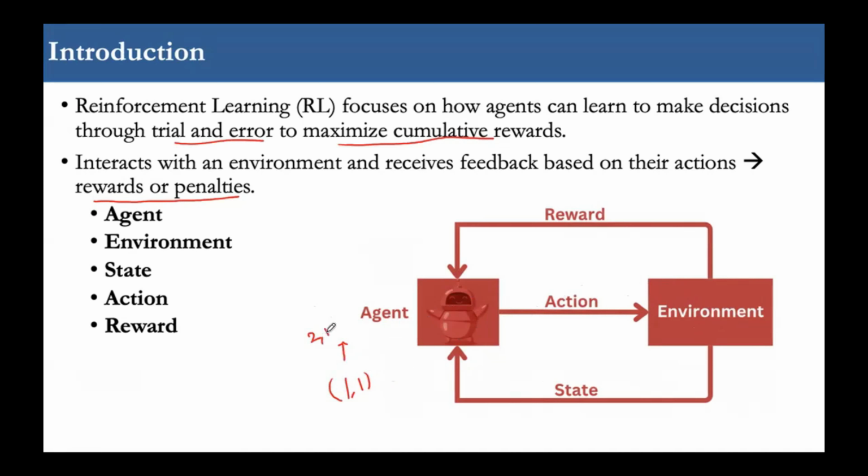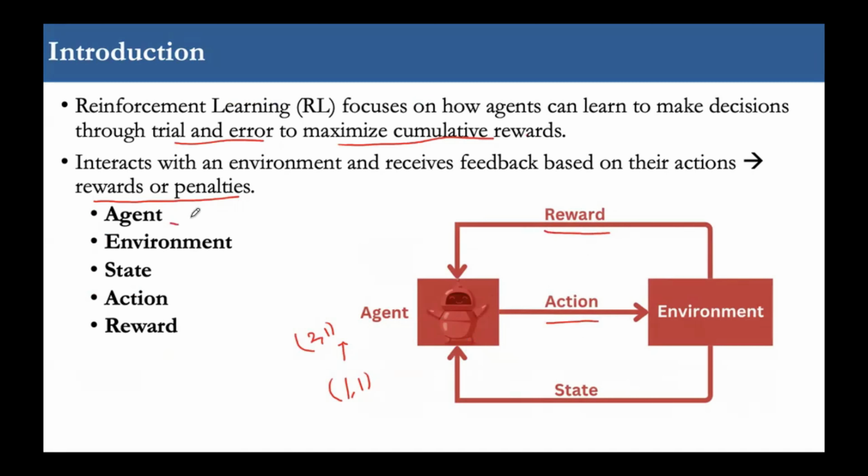So it is 2, 1. The agent moves from one cell to another cell, which means it moves from one state to another state. When the agent moves from one state to another, based on the action it performs, it may get a reward. The reward can be a positive reward or a negative reward. The negative reward can be named a penalty.